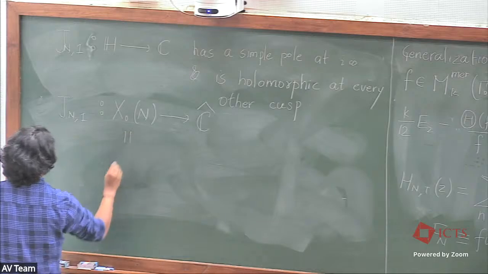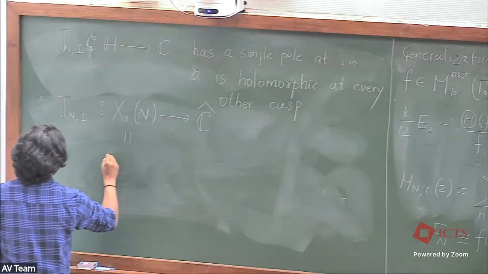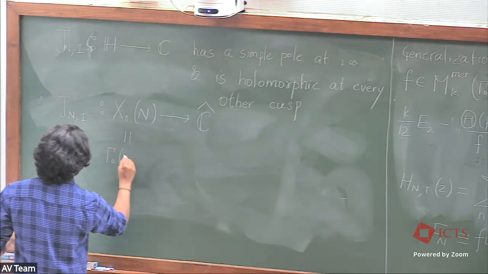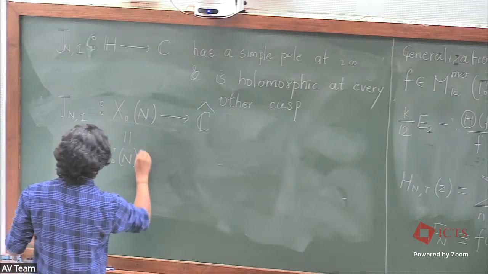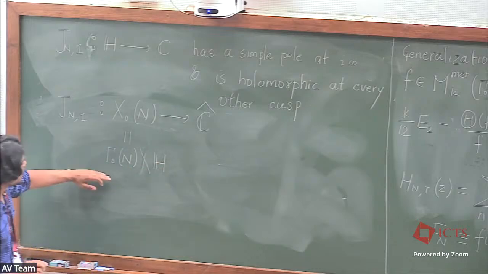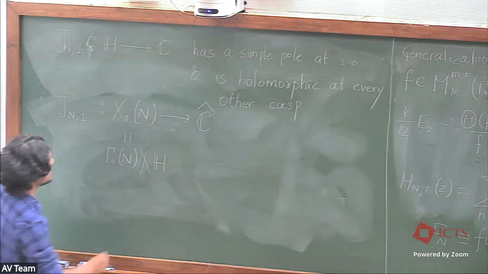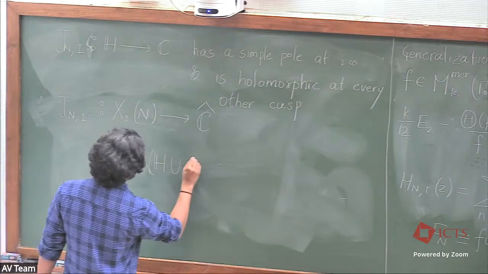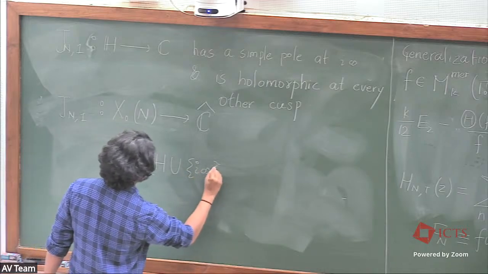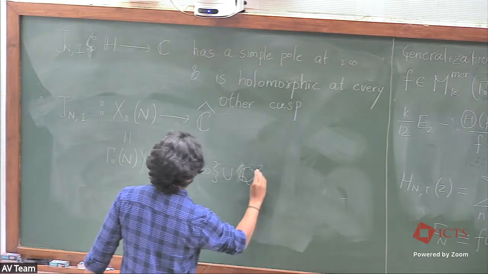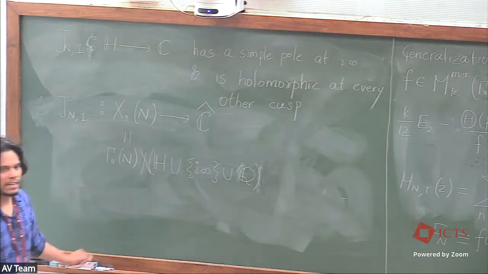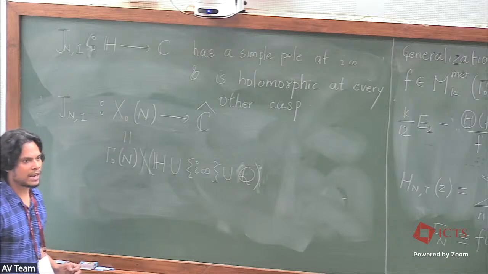So X naught n is basically the compact Riemann surface associated to the fundamental domain of gamma naught n. But now I need to include the cusps. Once I include the cusps, then X naught n becomes a compact Riemann surface.